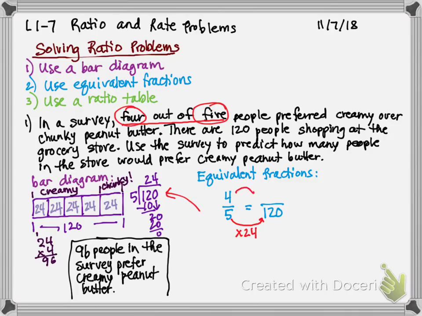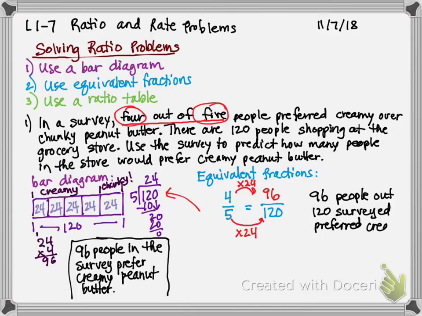So if I multiply top and bottom by 24, I'm going to get the 96 out of 120. And then I would be able to conclude that 96 people out of 120 surveyed, so here's another way of saying that, preferred creamy peanut butter.